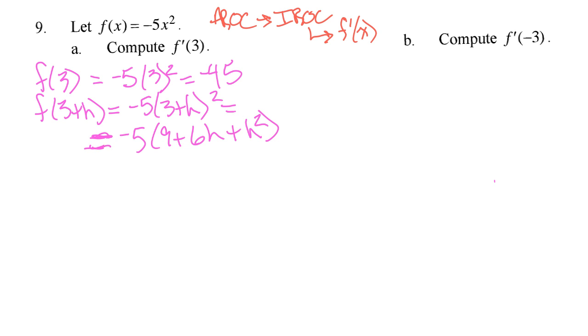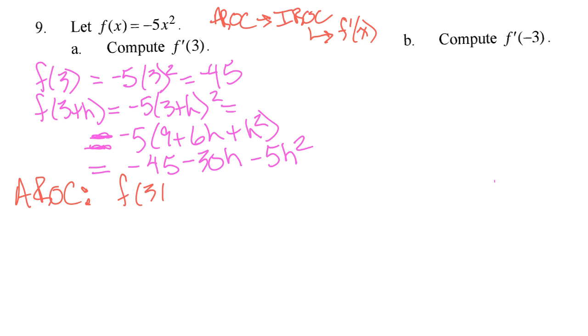And distributing our negative 5, we get negative 45 minus 30h minus 5h squared. Okay, so let's find our AROC. It's going to be f of 3 plus h minus f of 3 all over 3 plus h minus 3.